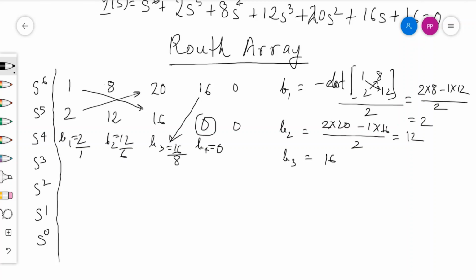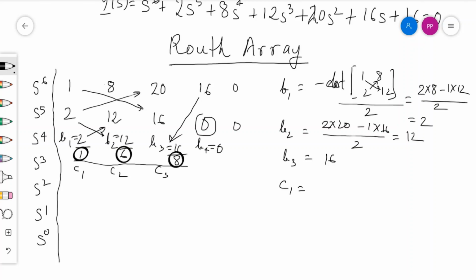This is the benefit, because this is a polynomial, so the common factor can be removed. So for s cube, we have c1, c2 and c3 as 1, 6 and 8.